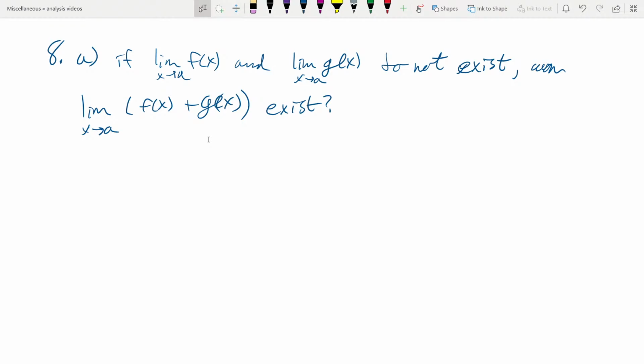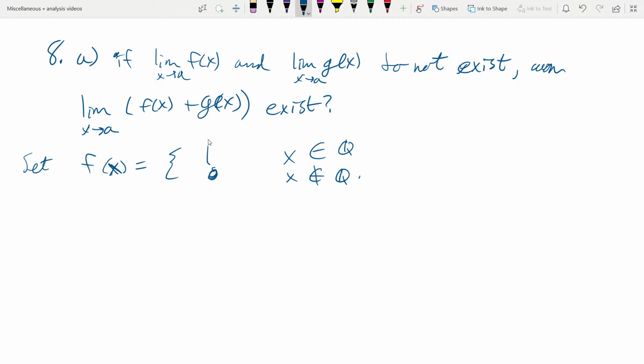And then, of course, you can ask the same question. Let me go through the example. This is an important example, actually. So let's set f of x to be equal to 1 when x is rational, and then 0 when x is irrational. I guess it doesn't matter which ones get sent to 1 or 0.